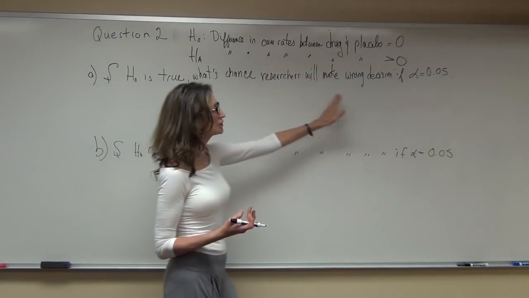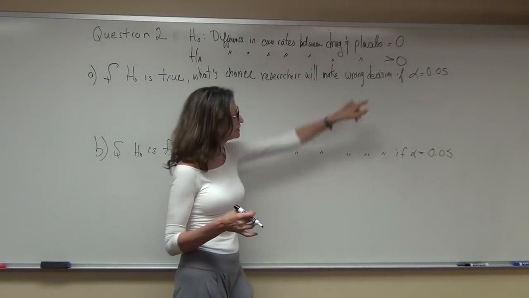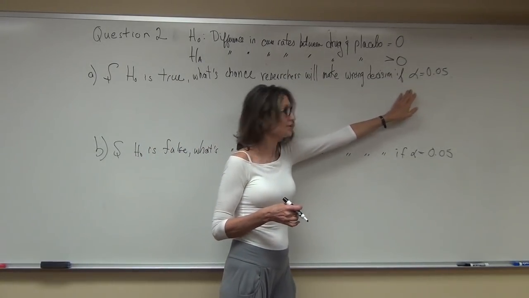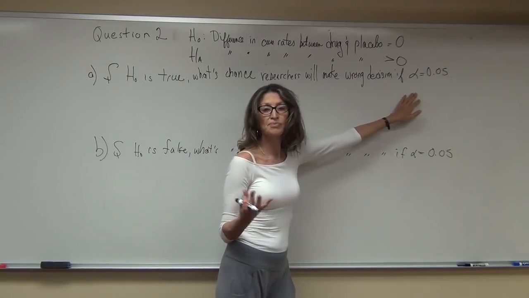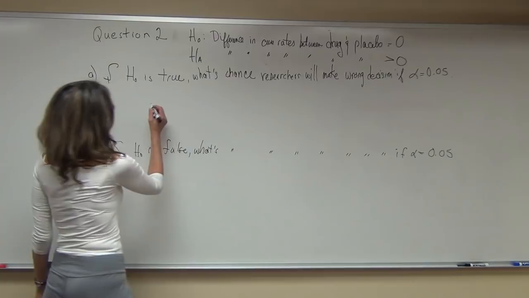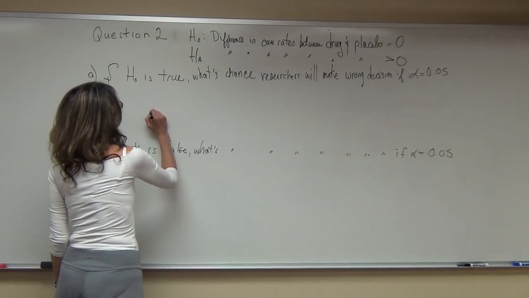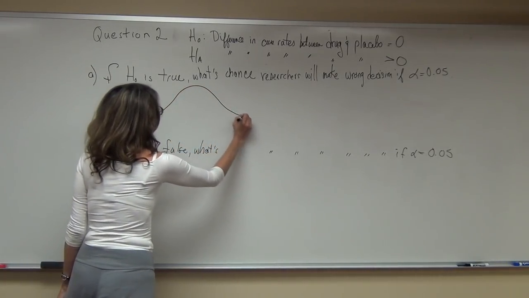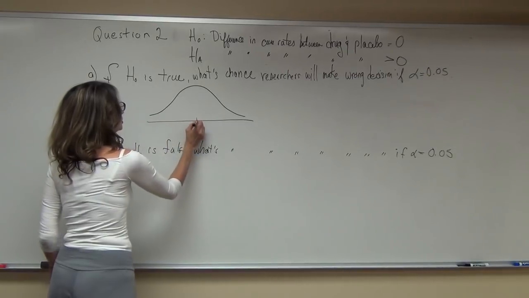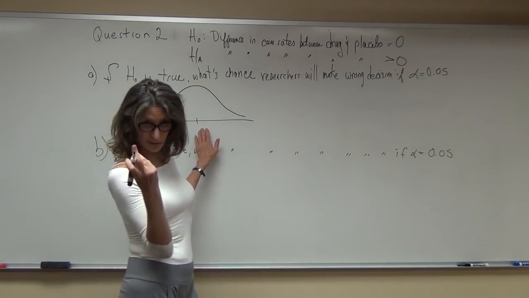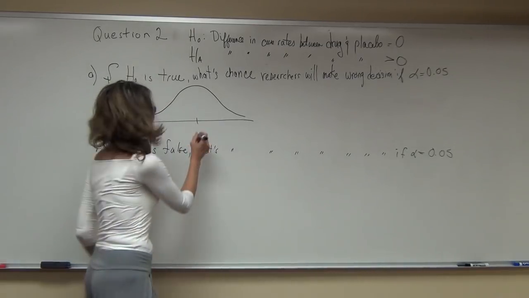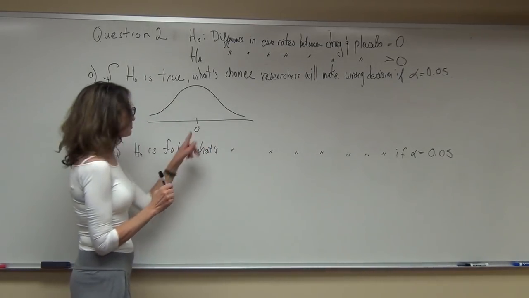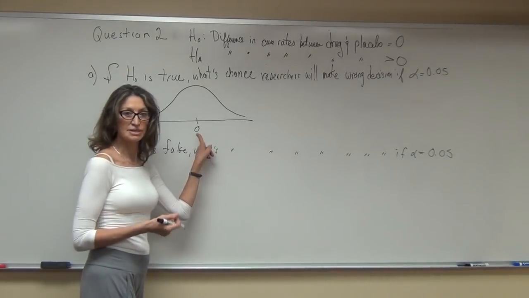What's the chance that researchers will make the wrong decision if they set alpha equal to 0.05? All right, so if the null is true, under the null, what we're measuring will be the difference in cure rates between the drug and the placebo, and we'd expect, if the null is true, to get 0, both as a z-score and as a difference.